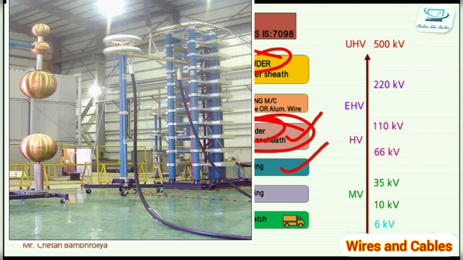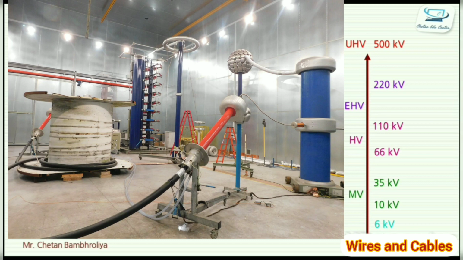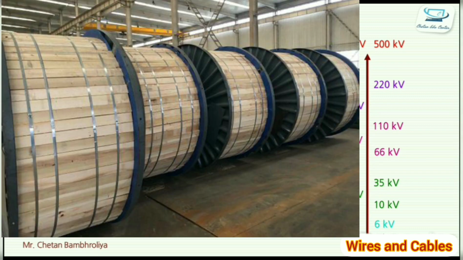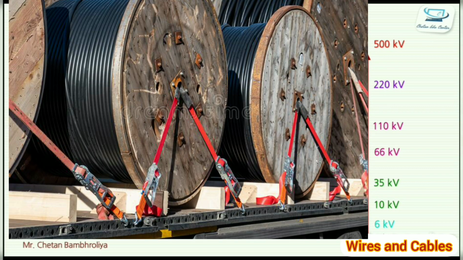According to the requirement or size of the cable, we have to test our cable, and for that different laboratories and machinery are required. After testing is completed, there is packaging, and then in the final stage the cable is dispatched, so we can dispatch our cable to the laying site.